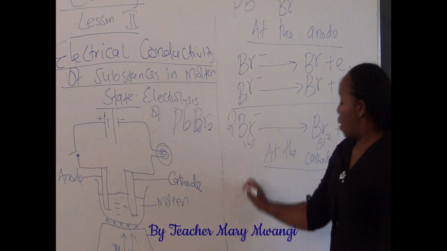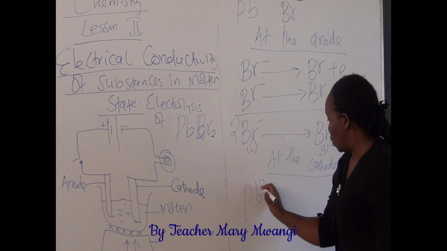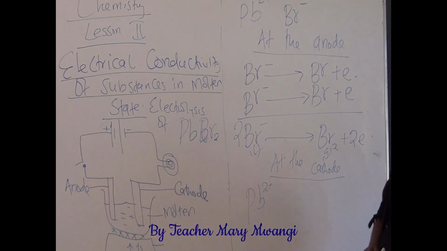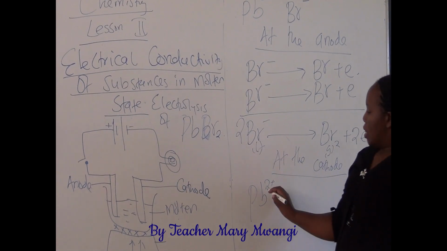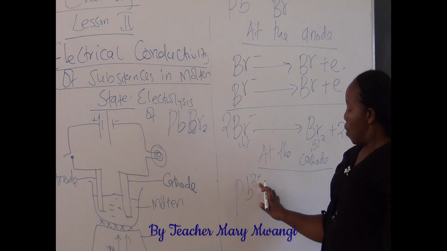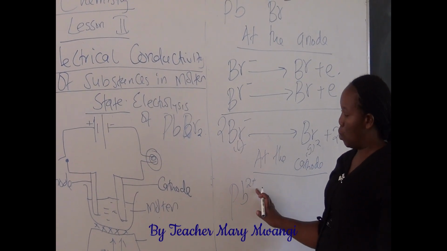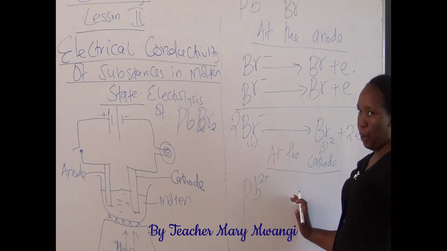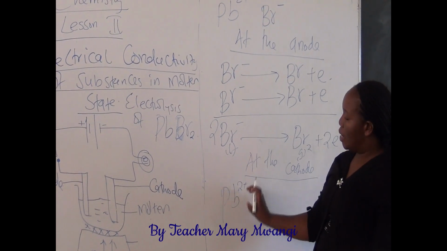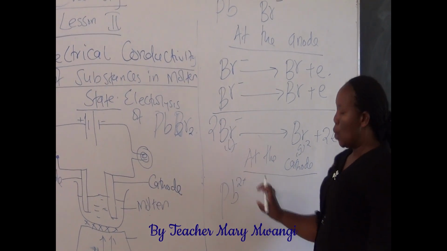And then at the cathode, lead ions are going to be attracted by the cathode. This charge of +2 tells us that before it became an ion, it had lost 2 electrons.